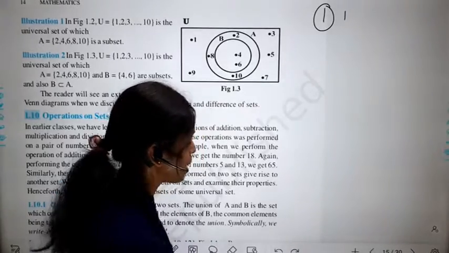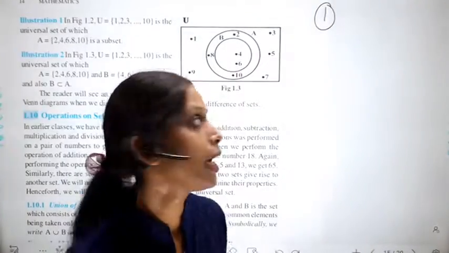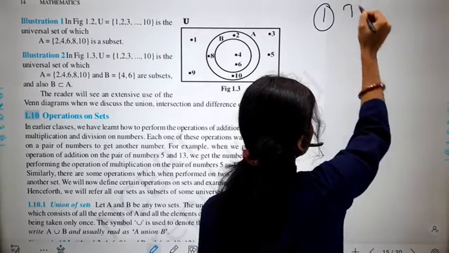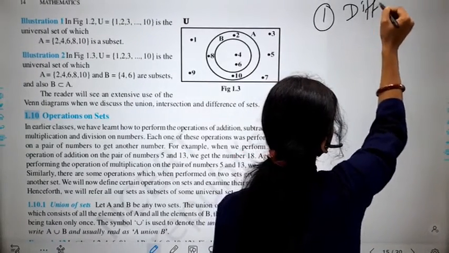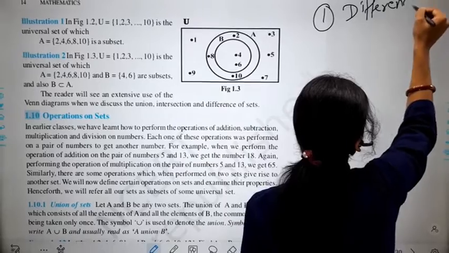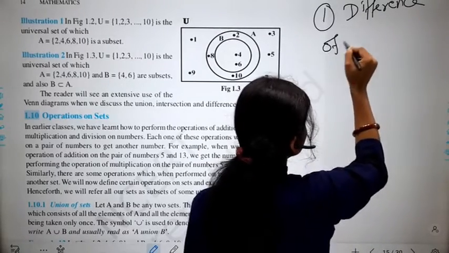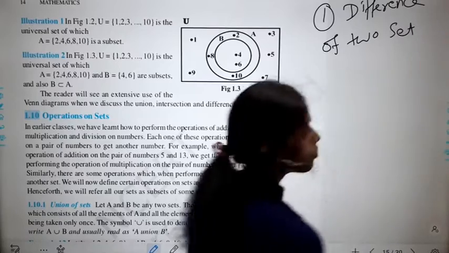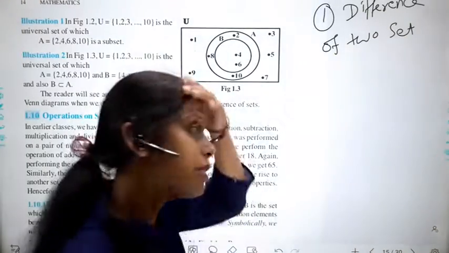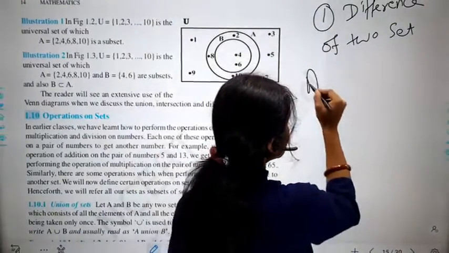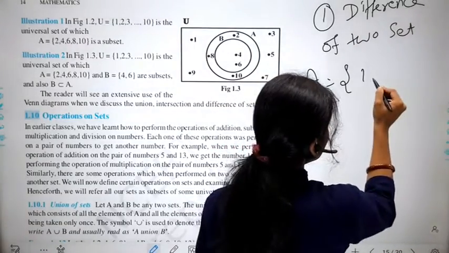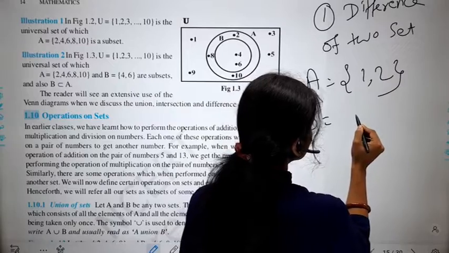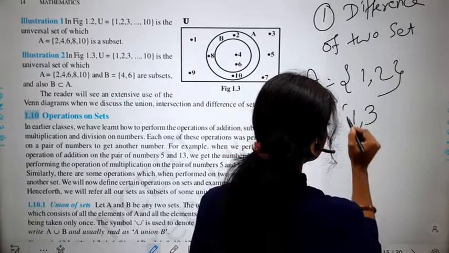What is the difference between two sets? Let us suppose A is equal to {1, 2} and B is equal to {1, 3}.